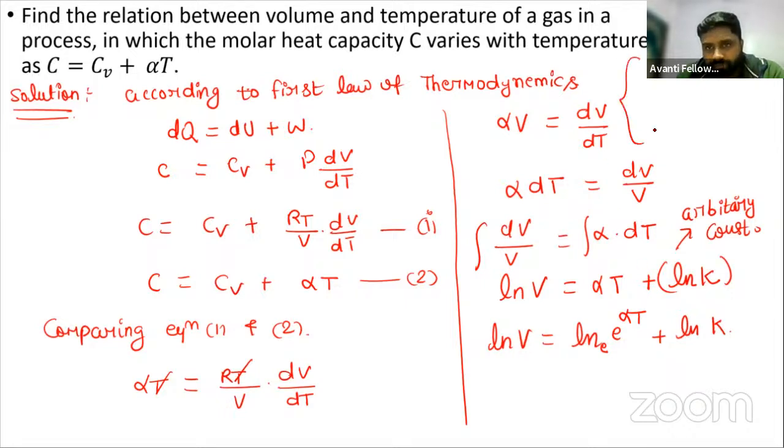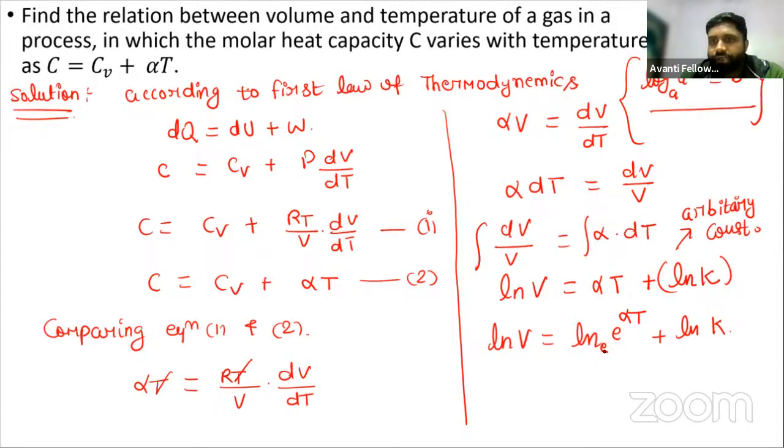We are able to write this because we know the property of logarithms, that log base a of a raised to the power b you can write as b. Because b will come out in front of the log and it will become log a base a, so this will become 1. So you can write it here as it is.